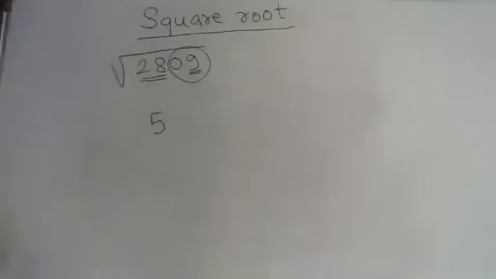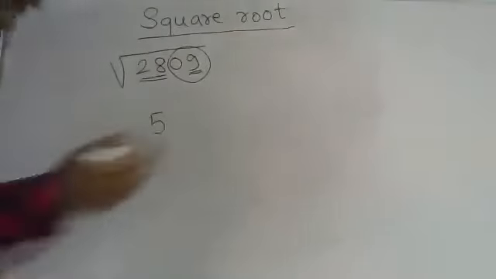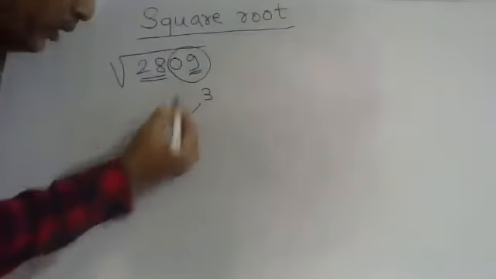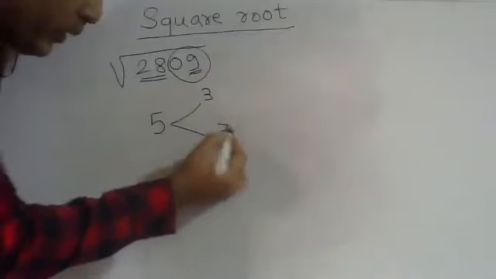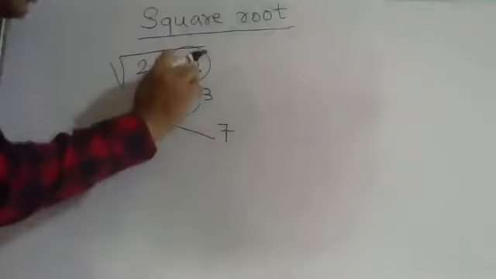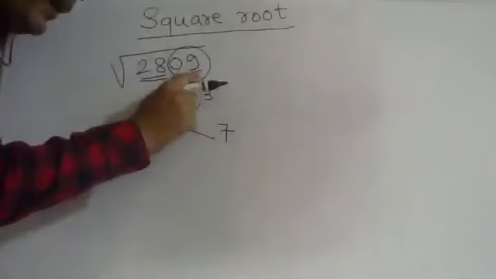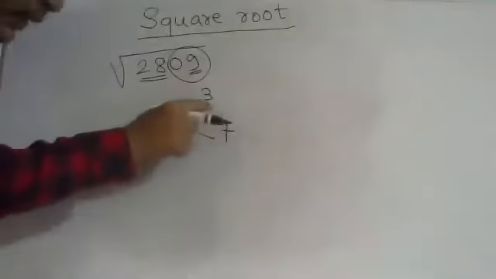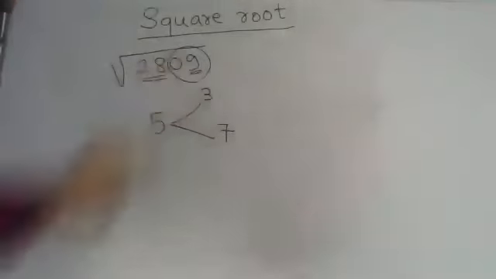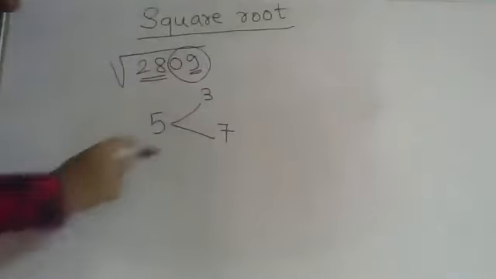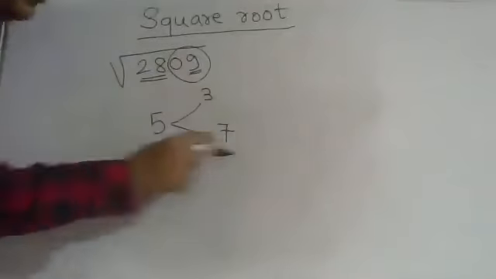When we get 9 as a unit digit in a square number, it can be 3 square as 9 or 7 square, 49. In 7 square we get 9 as a unit digit, and in 3 square we get 9 as a unit digit. So your answer can be 53 or 57.